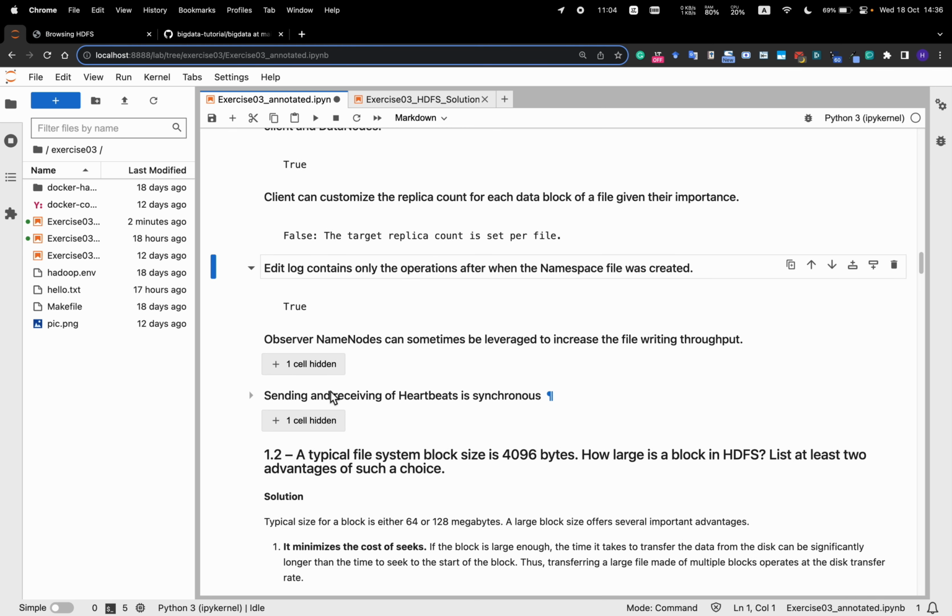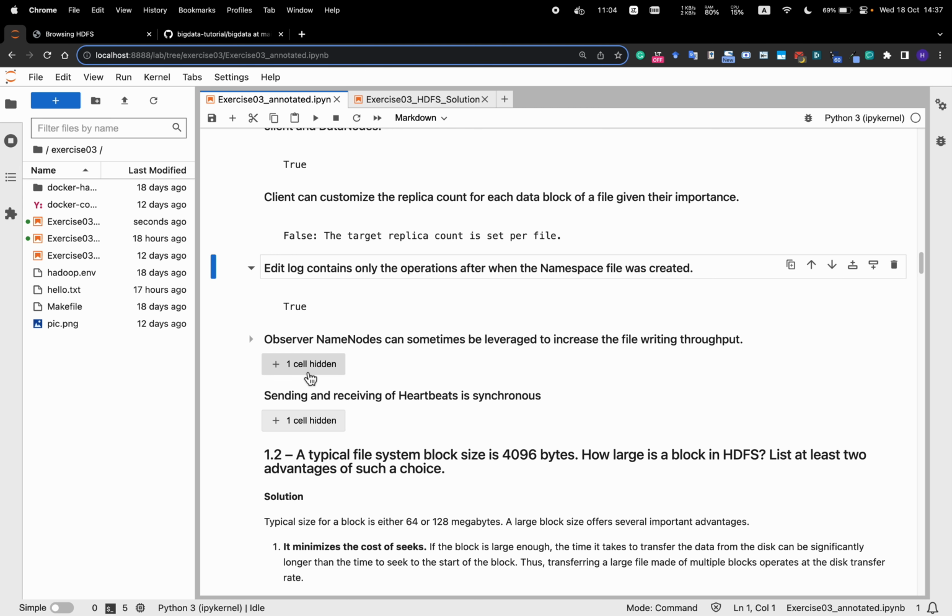Second to the last one: observer nodes can sometimes be leveraged to increase the file writing throughput. I guess you know what an observer node is. I'm not entirely sure, but I think in case you use observer name nodes, you would only use them for read access, not write access. Exactly.